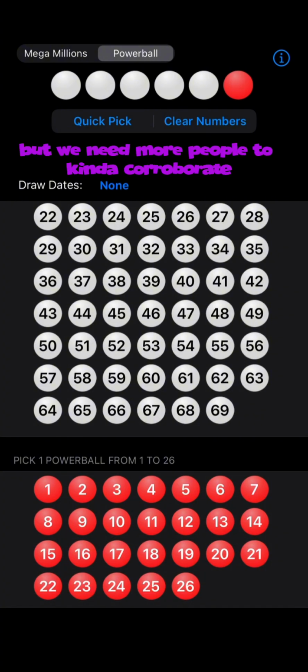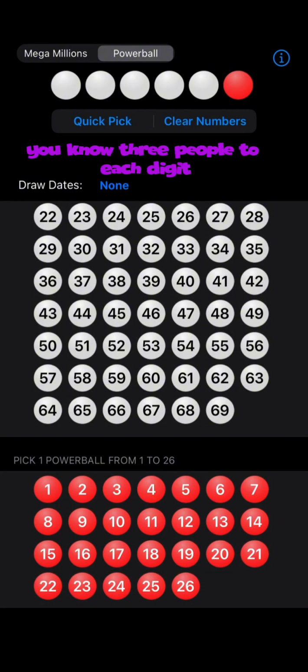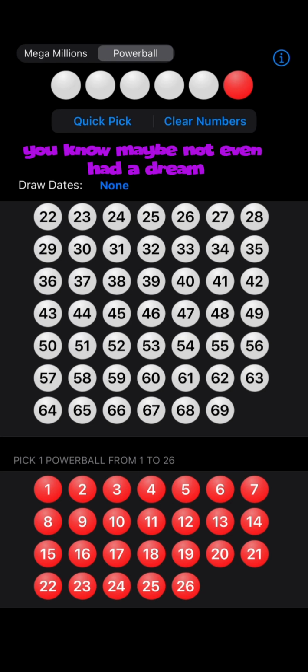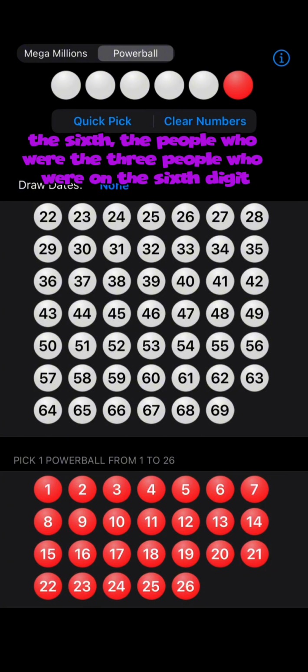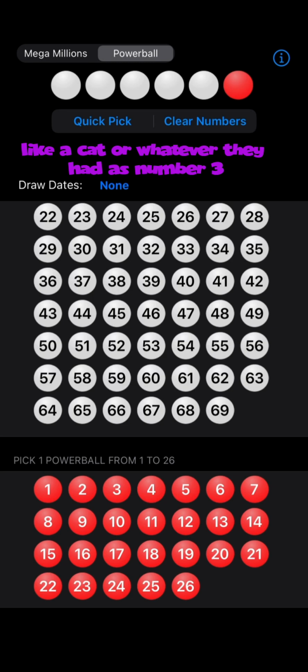But we need more people to kind of corroborate. Say, for example, we got like 36 people, so we assign 3 people to each digit right at the top. And say we just know that maybe the 3 people who are on the 6th digit, they all dreamt of like a cat or whatever, that is number 3.